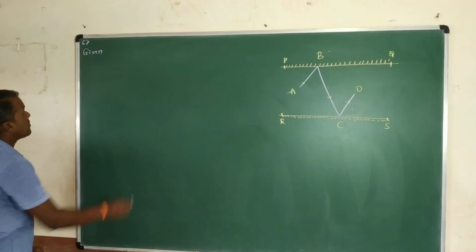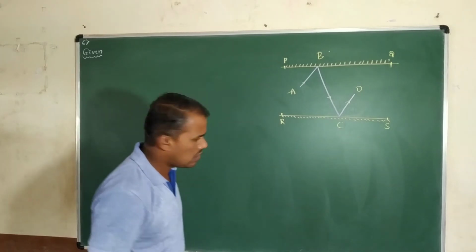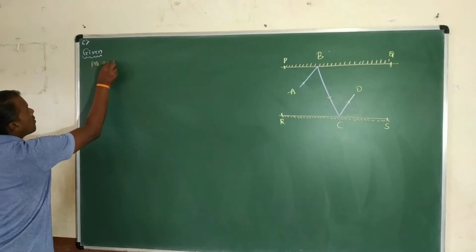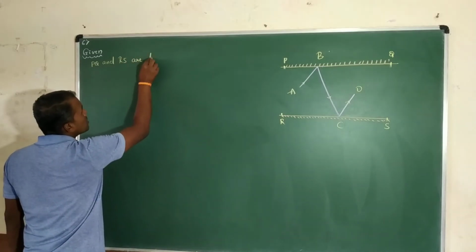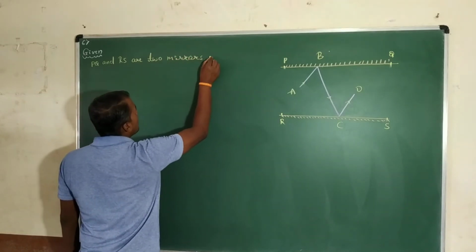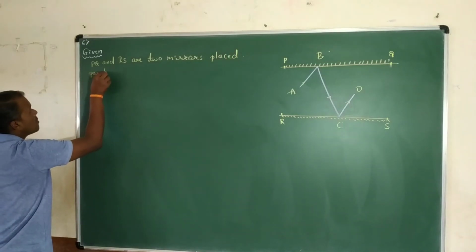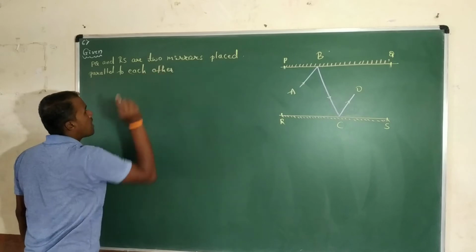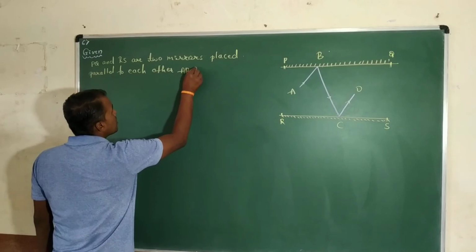What is given: PQ and RS are two mirrors placed parallel to each other. Now AB is the incident ray.